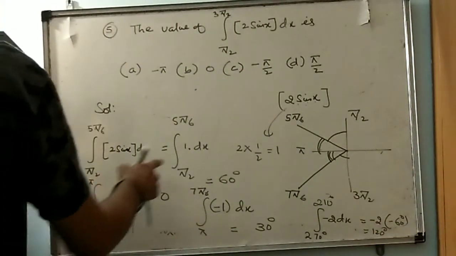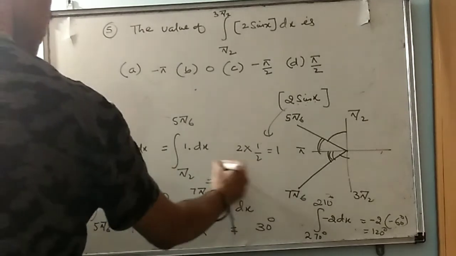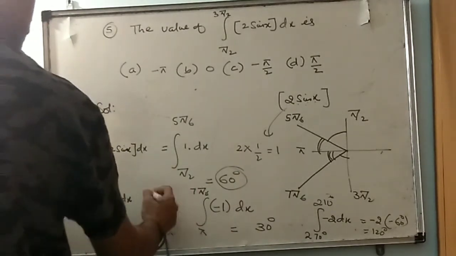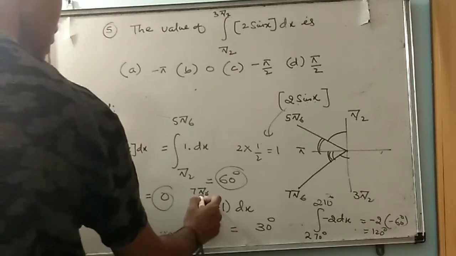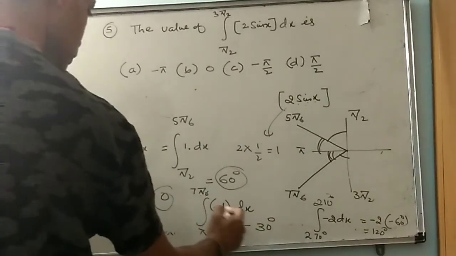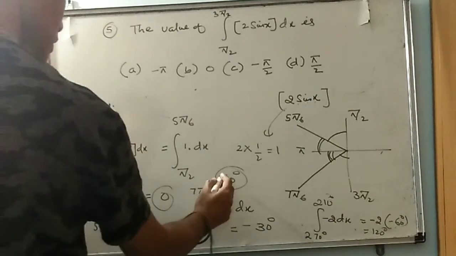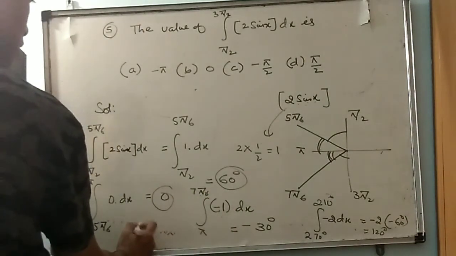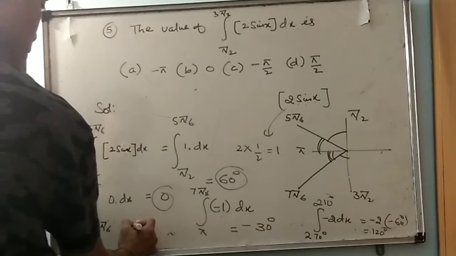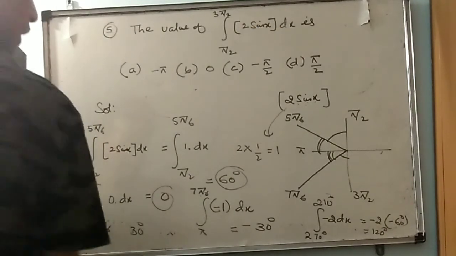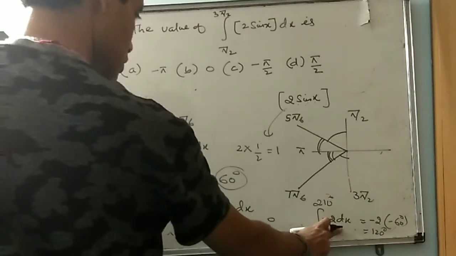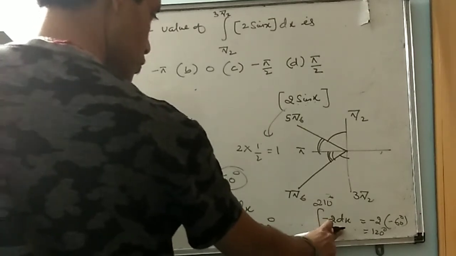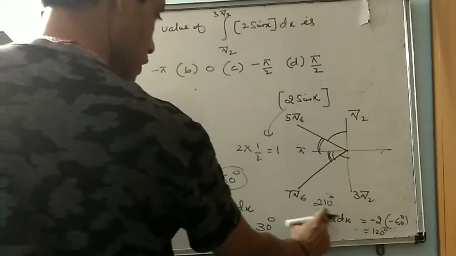So result will be 60 degree, then 0, then this one is minus 30 degree because of this negative sign. So 60 minus 30 gives you 30, and this one should be just minus 2 outside.